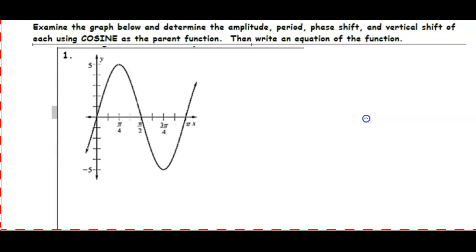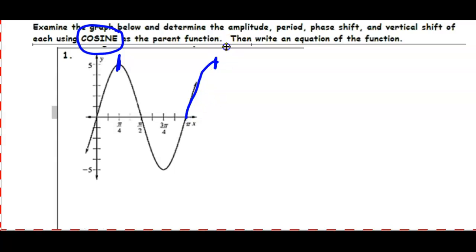So for this equation, it says examine the graph below and determine the amplitude, period, phase shift, and vertical shift of each using a cosine. So we have to call this a cosine. When I look at it, it looks like a sine graph, the shape. But if I start measuring here, then it is a cosine graph that would finish over here somewhere.